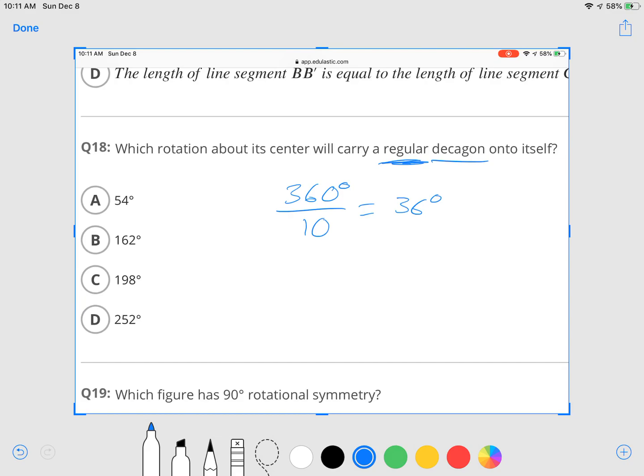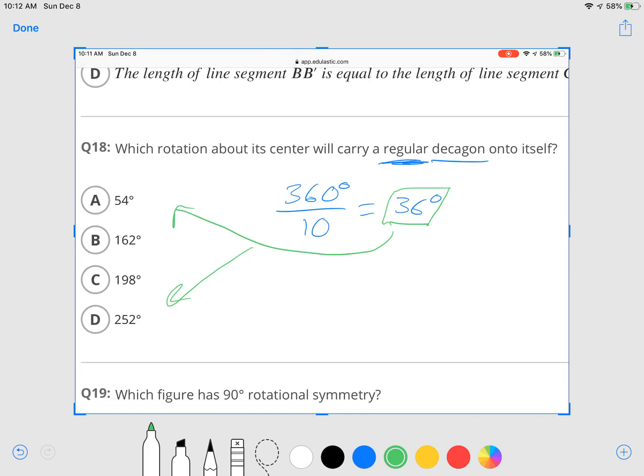Now, unfortunately, 36 degrees is not one of the options. But that's fine. 36 is just the minimum rotation. Every time you rotate by another 36 degrees, the decagon keeps landing back on top of itself. So if we just add 36 a few times, then we should reach one of these numbers.